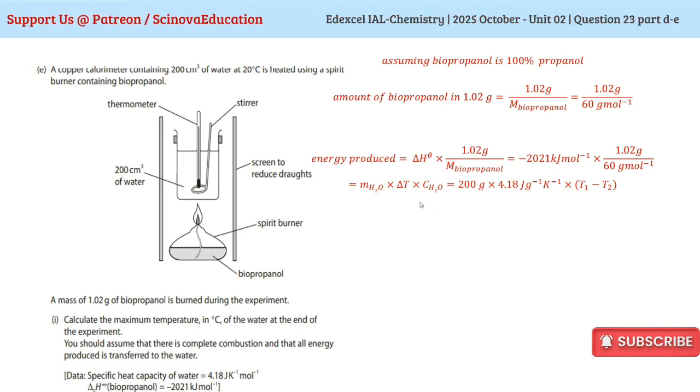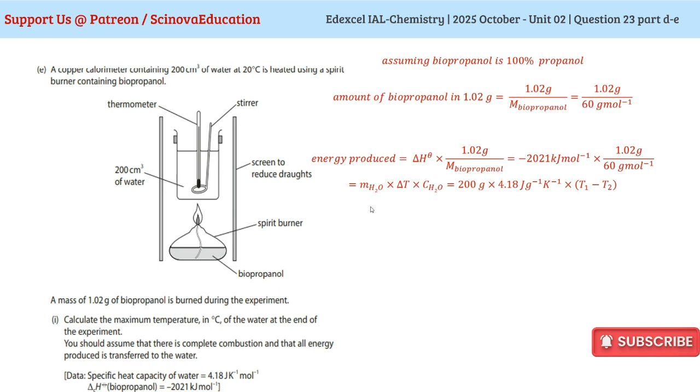So in that case, I am getting mcΔθ for water equals the energy produced during combustion of biopropanol in this experiment. By burning 1.02 grams of biopropanol, whatever the amount of energy is produced is completely used to increase the temperature of water. That is our assumption.